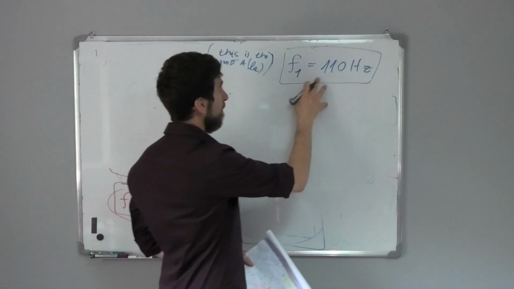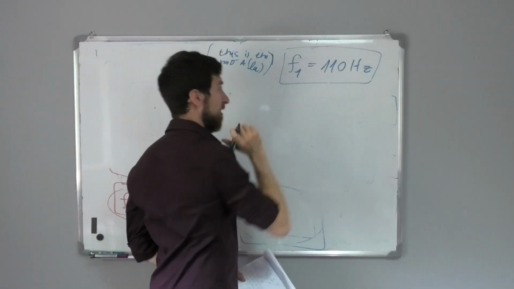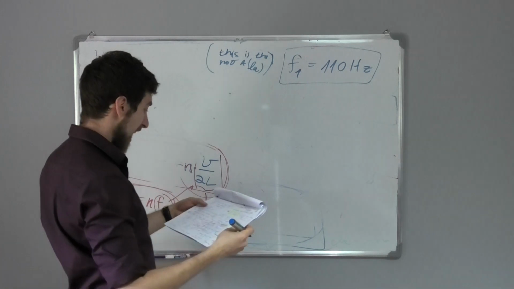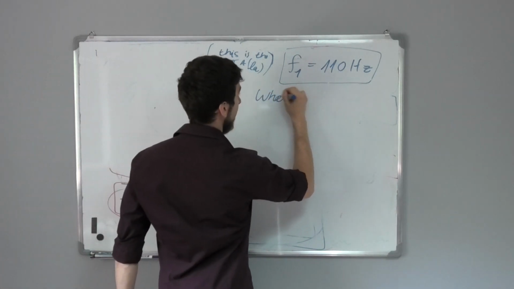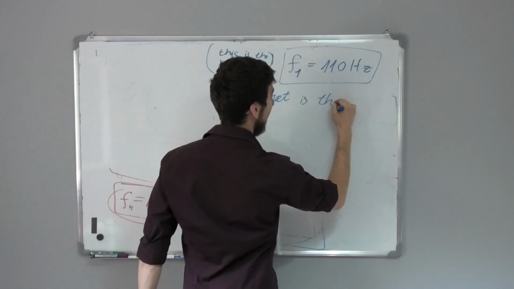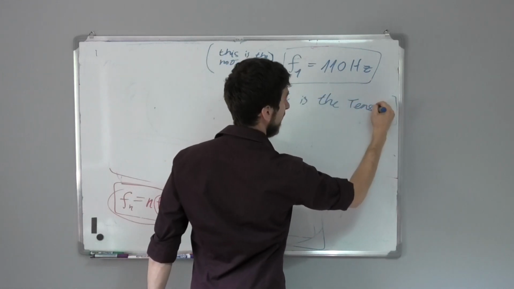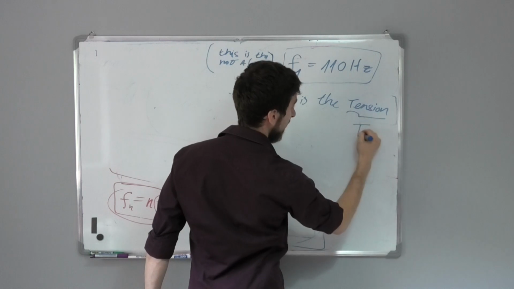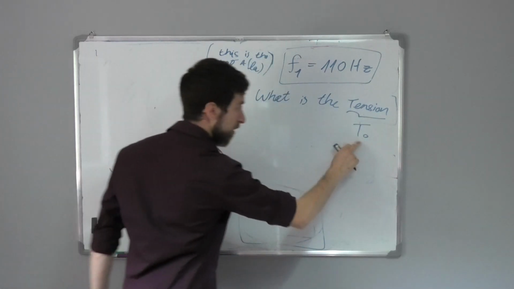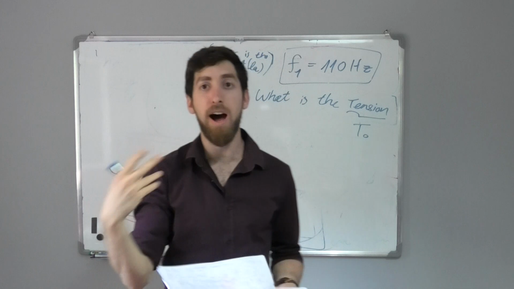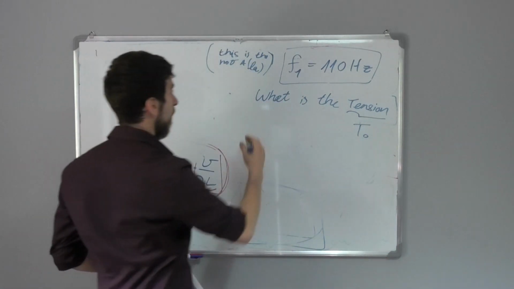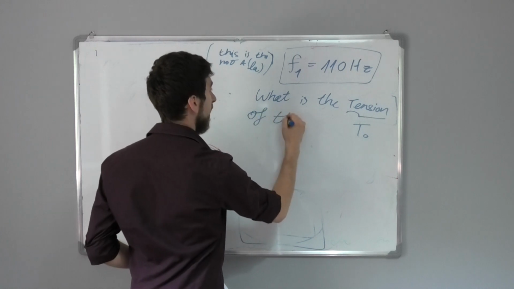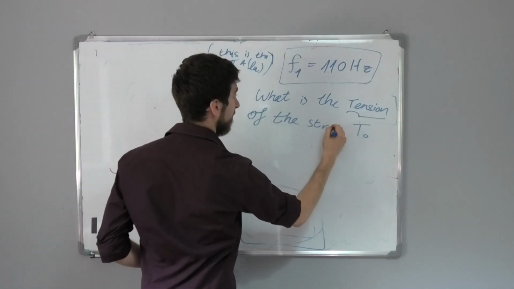So I tune the string to be at this frequency, and I want to ask, what is the tension? What is the tension, and I'm going to note it as T node, okay? Node, because I don't want you to confuse it with the time period, right? So T node, what is the tension of the string?